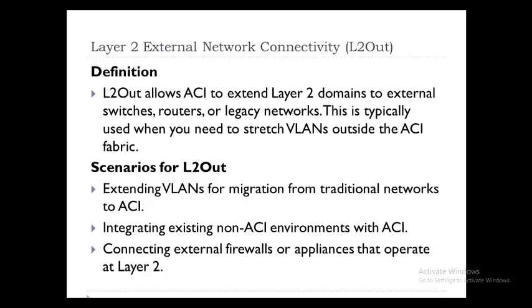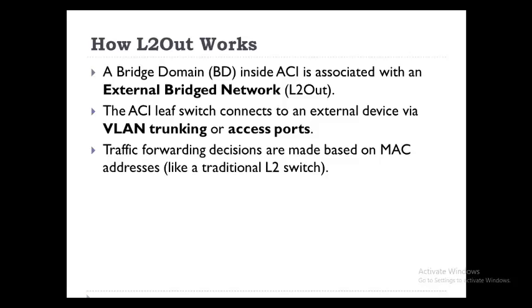Now, how does this layer 2 out work? A bridge domain inside ACI is associated with an external bridge network. I was saying a word called broadcast domain, which represents a single VLAN. But bridge domain is the term that we use in ACI.